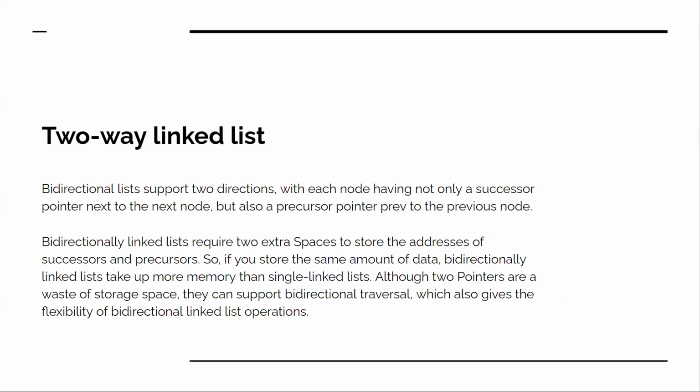So if you store the same amount of data, bidirectionally linked lists take up more memory than singly linked lists. Also, two pointers are a waste of storage space. They can support bidirectional traversal, which also gives flexibility in bidirectional linked list operations.